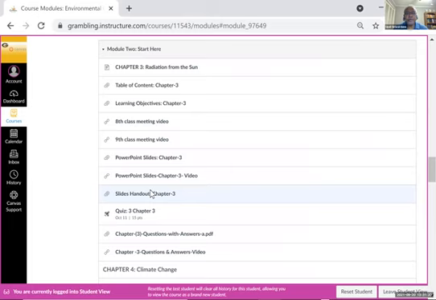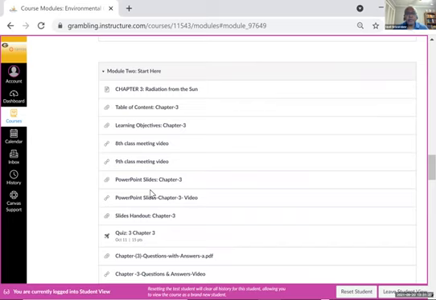If you go to module 2, like you've seen in module 1, chapter 3 resources and chapter 4 resources appear. So that's where you should be looking now. You have chapter slides, chapter quizzes, instructional objectives, and details that you need to read to get more information.